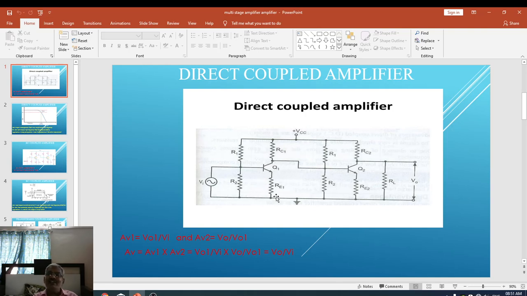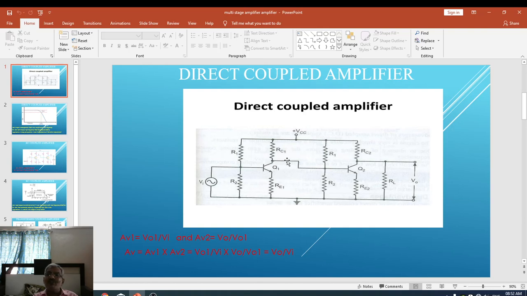Emitter resistance RE acts as an emitter resistance that provides self biasing to the transistor Q1. On most occasions, across the emitter of transistor Q1, a capacitor is grounded, which acts as an emitter bypass capacitor.